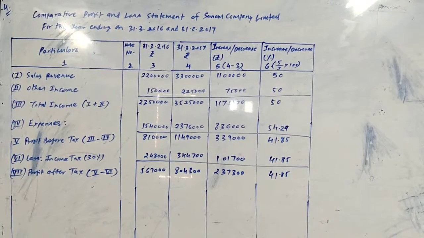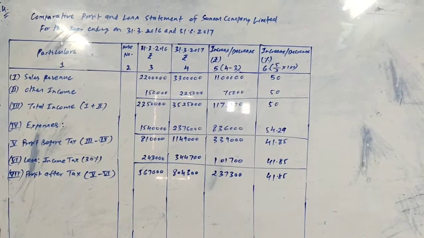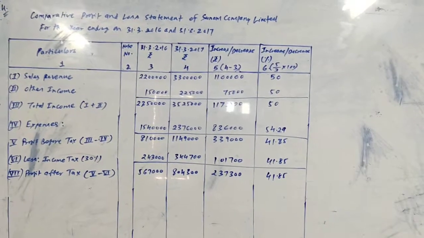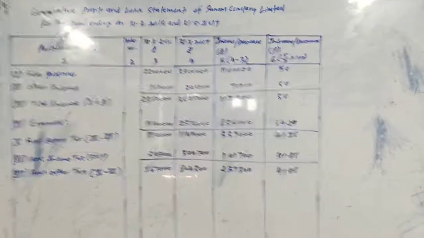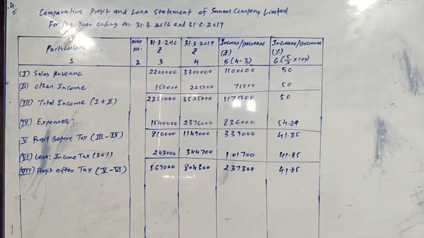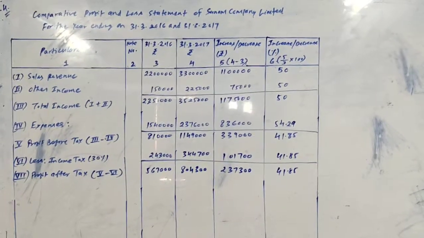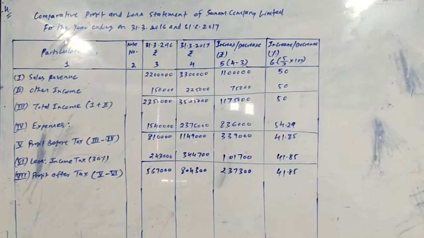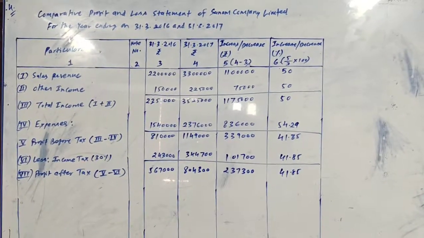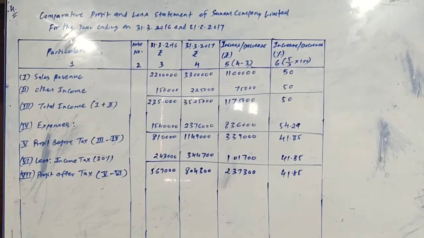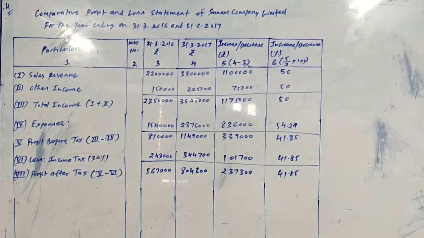The difference is 8,04,300 minus 5,67,000, so we get 2,37,300. When we convert in percentage, it will be 41.85%. How come? It will be 2,37,300 divided by 5,67,000 into 100.